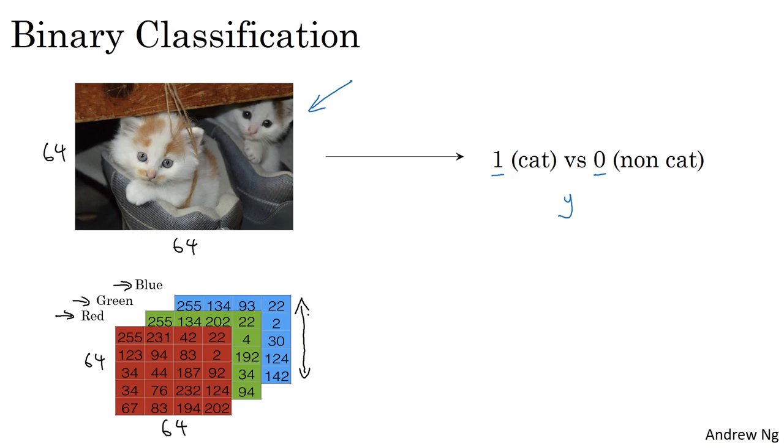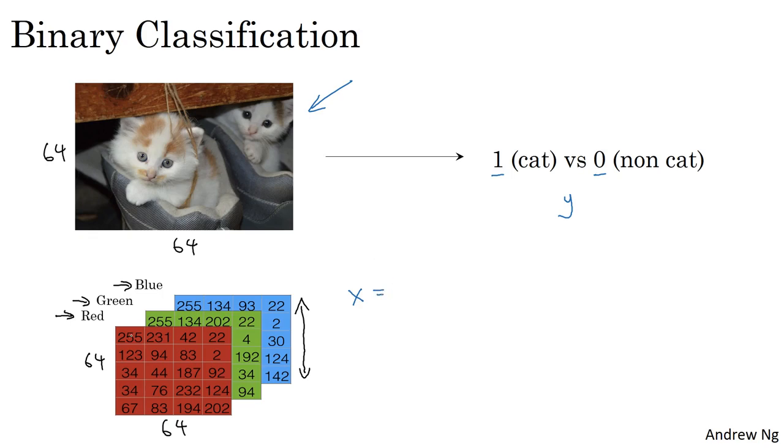So to turn these pixel intensity values into a feature vector, what we're going to do is unroll all of these pixel values into an input feature vector x. We're going to define a feature vector x corresponding to this image as follows.